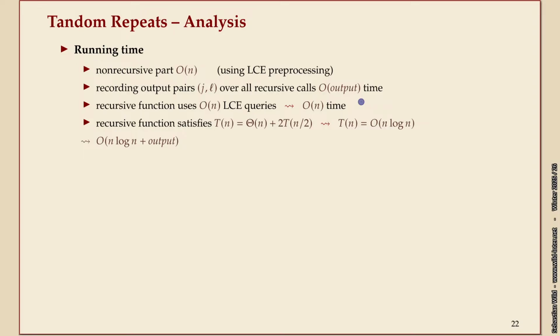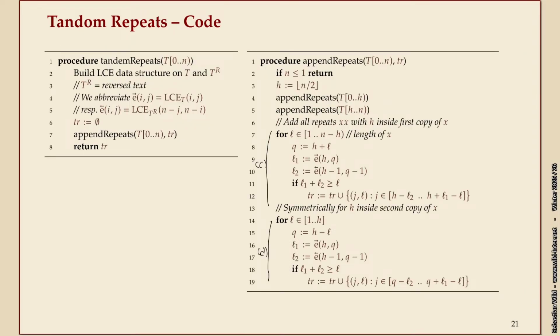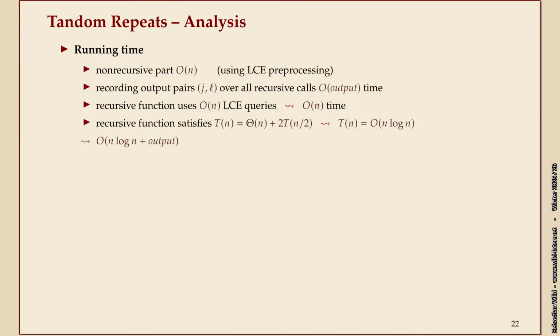But if you take this out, then what's left of the function is a bunch of LCE calls, constant time each. We do n of them in the two loops. So all of this non-recursive part on the right is linear time.